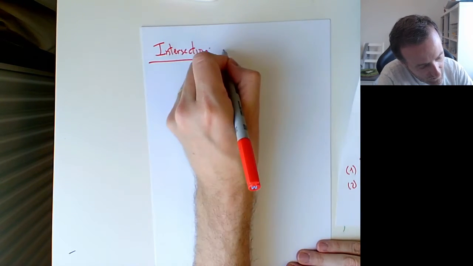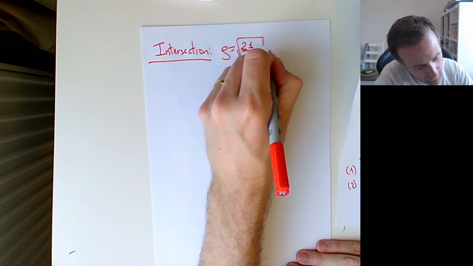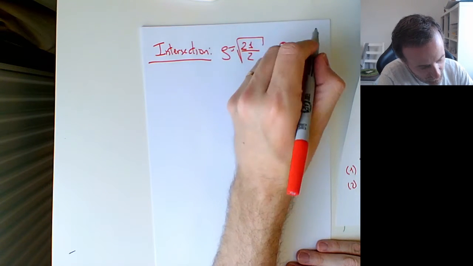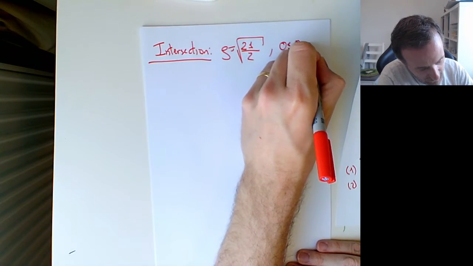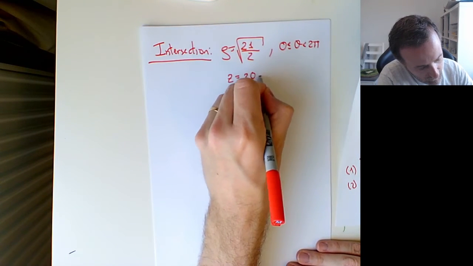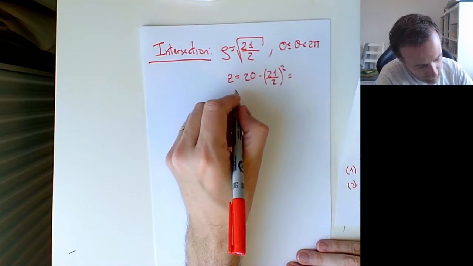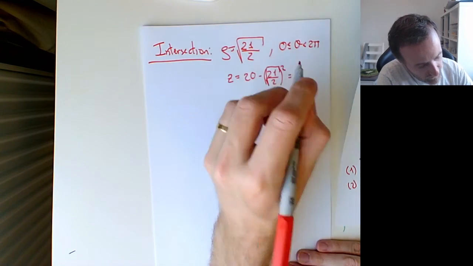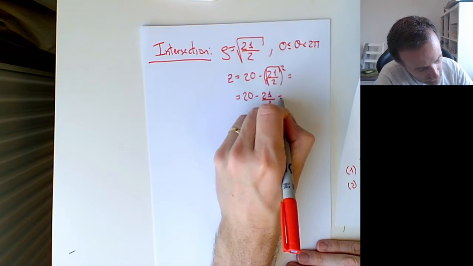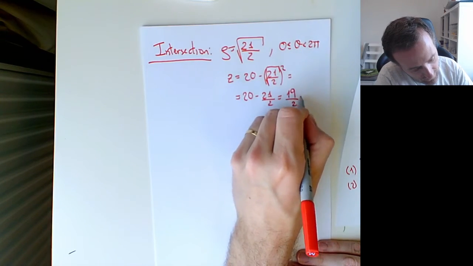So the intersection is when rho is equal to the square root of 21 over 2, theta is between 0 and 2 pi, and z is 20 minus 21 over 2, which is 19 halves.